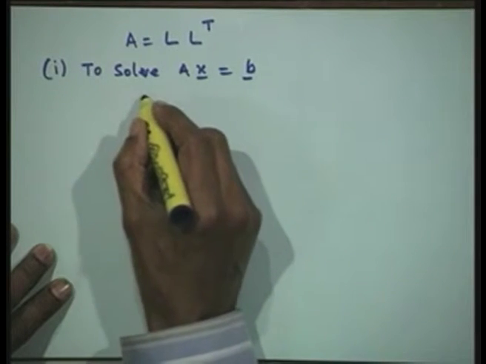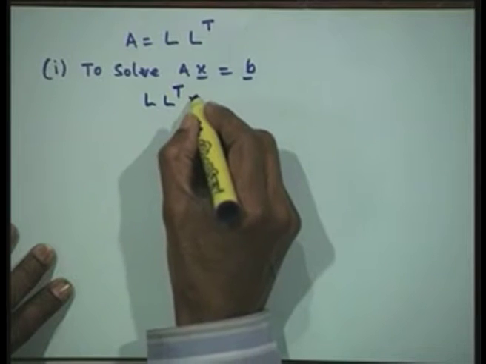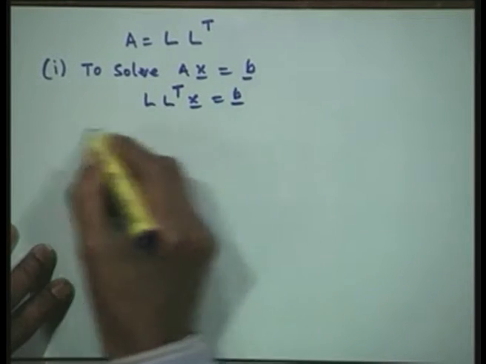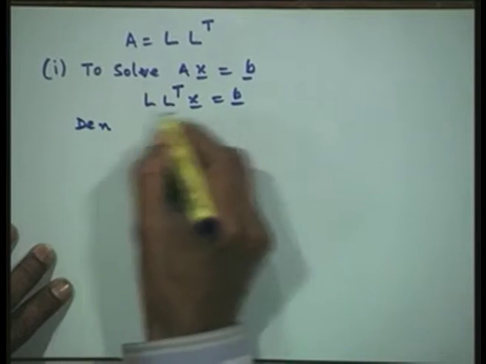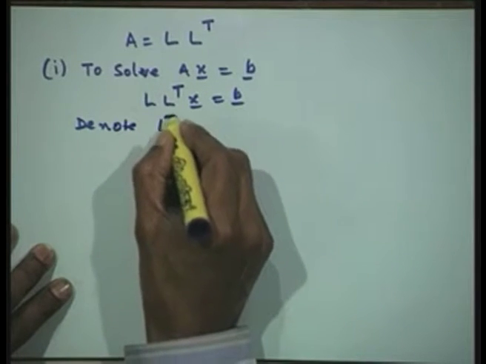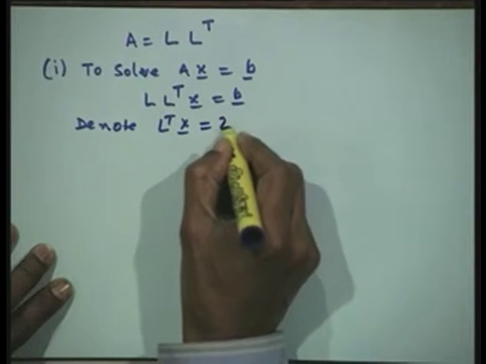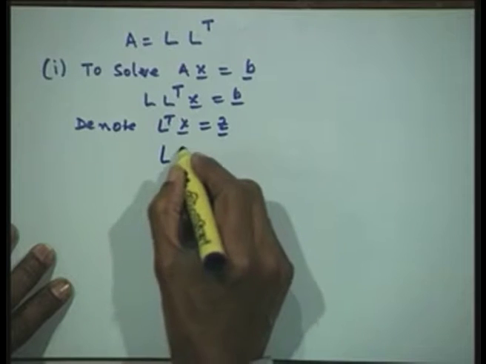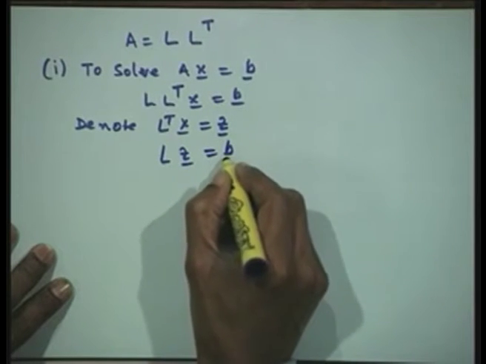We write this as L into L transpose of x is equal to B. Then we denote L transpose of x as some z. Then this will read as L into z is equal to B.